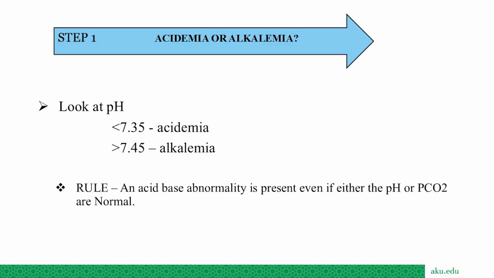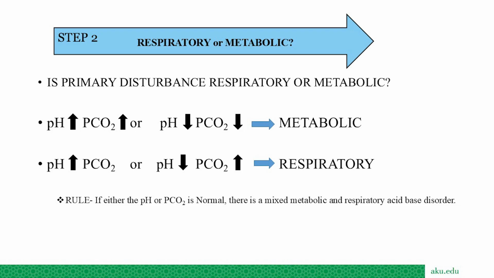So step one, whenever we get a patient's blood gas, what should we do? We should see the pH and see if it is acidemia or alkalemia based on the pH. Any pH below 7.35 would be acidemia, and any pH above 7.45 would be alkalemia or alkalosis. The next step is to see if it is respiratory or metabolic.